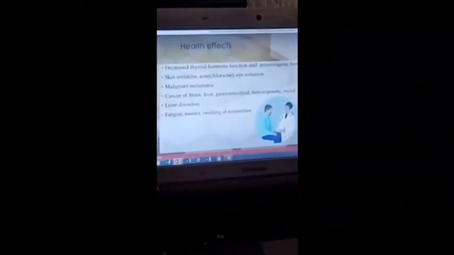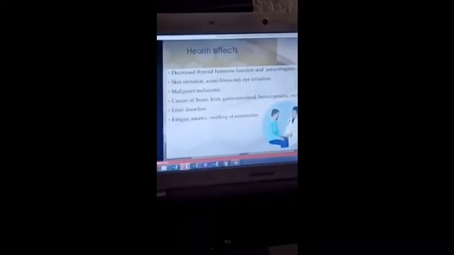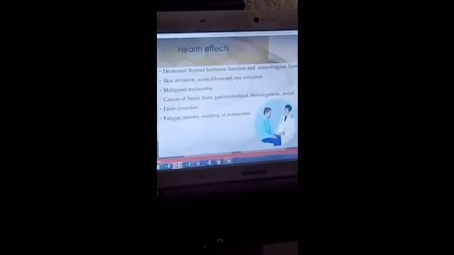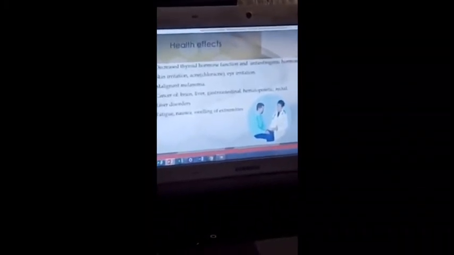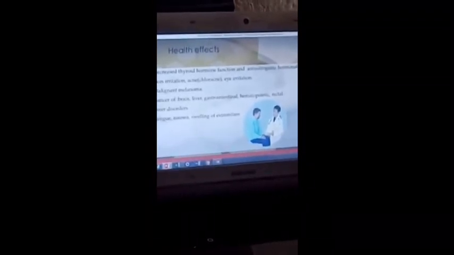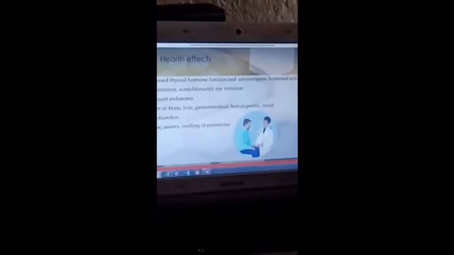Health effects: decreased thyroid hormone function and antiestrogenic hormonal activity. Chronic effects on skin, chloracne, mucosa, and eye irritation.